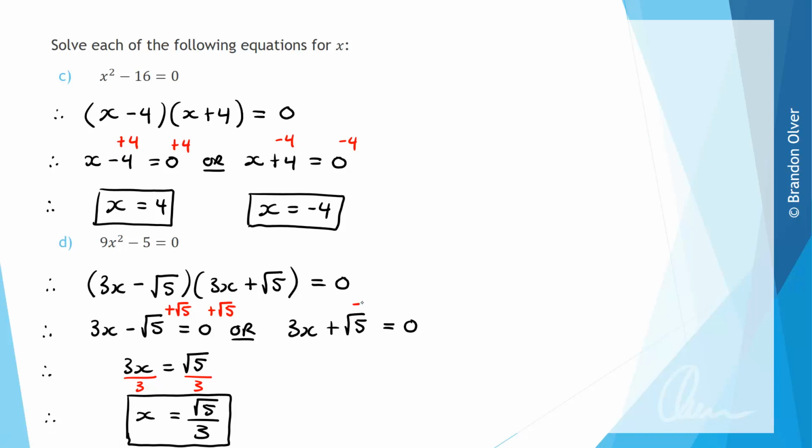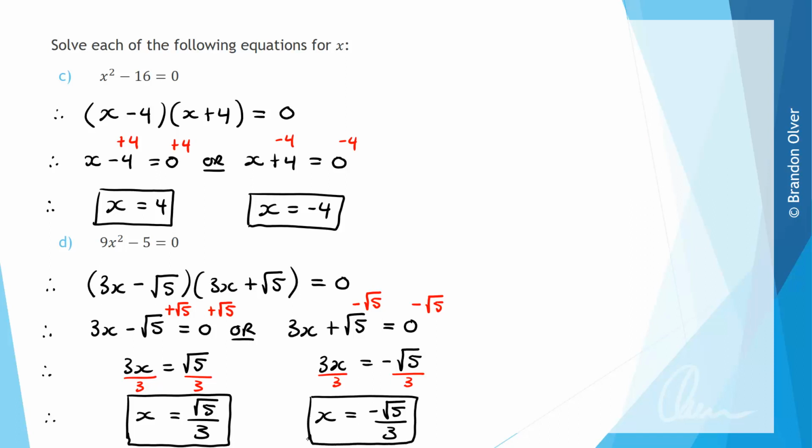For the second part of the null factor law, we'd start by subtracting the square root of 5 from both sides of the equation, and that would give 3x is equal to negative square root 5, and then once again dividing by 3 would give x by itself, and that would give x is equal to negative square root 5 over 3, and that would be the second solution to this equation.